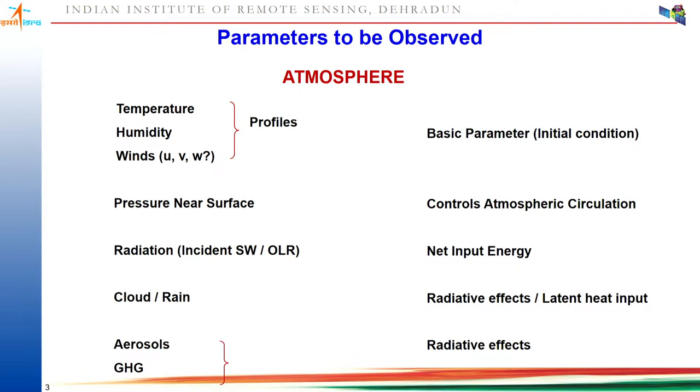Of course, radiation is also included, and the many particulates like aerosols and greenhouse gases. The atmosphere has different layers, you know all about that, and these properties are determined by the factors I have mentioned. This helps in monitoring and also forecasting, for example, weather forecasting.